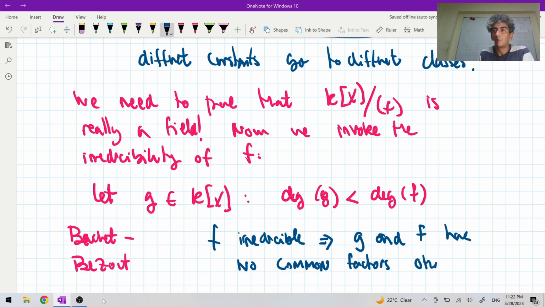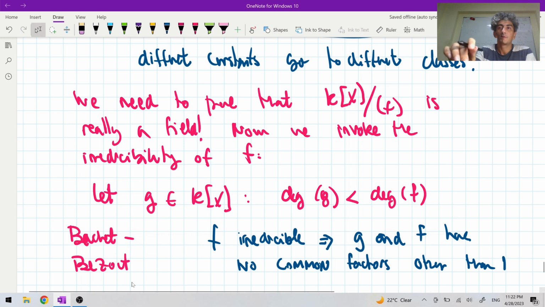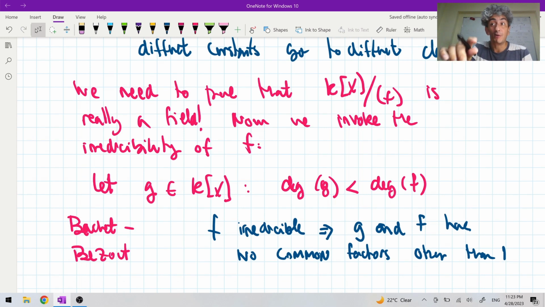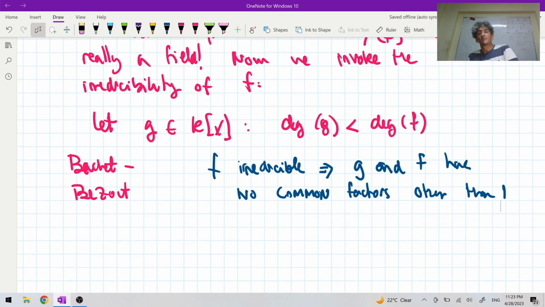other than 1. F is obviously divisible by the constant 1, and so is g, but since f is irreducible, it has no non-trivial factors. In particular, whatever factor g has, it's not a factor of f. So g and f have no common factors other than 1.